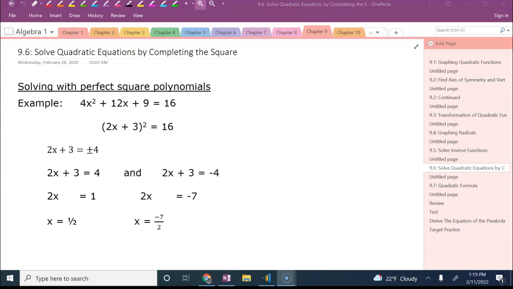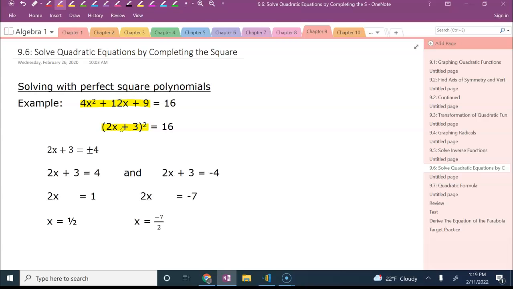So you want to have terms that you can rewrite the left-hand side with, like we did on this example. We started with that 4x squared plus 12x plus 9, and we rewrote it as (2x plus 3) squared. And that showed up when we were factoring last chapter, where we saw special cases like perfect squares or the difference of squares.